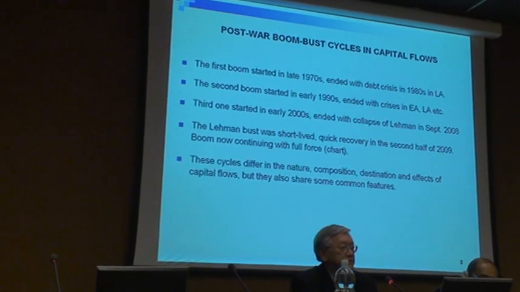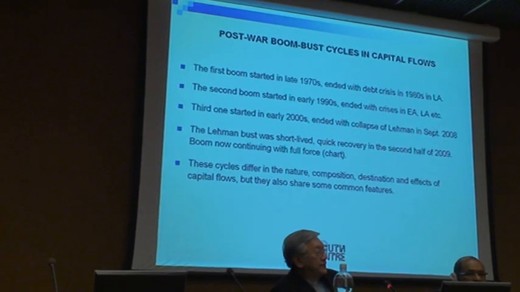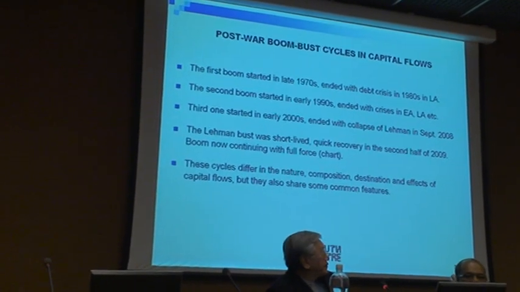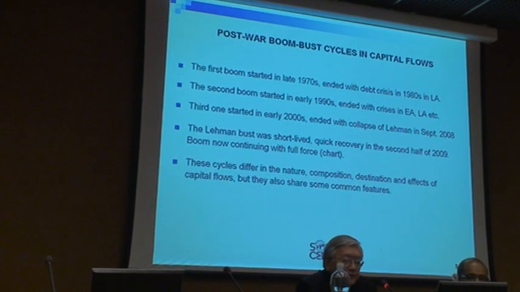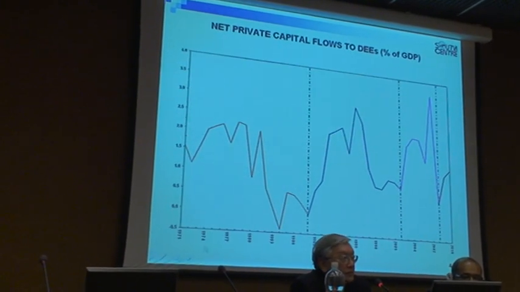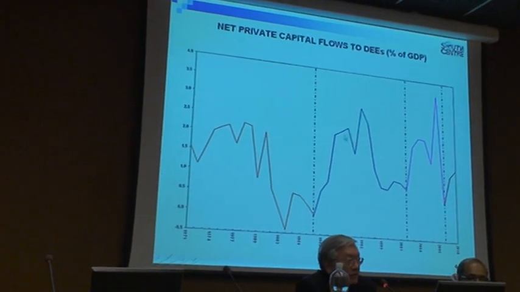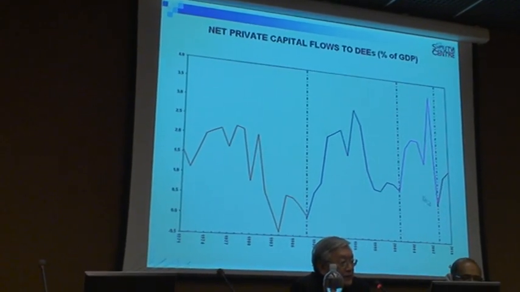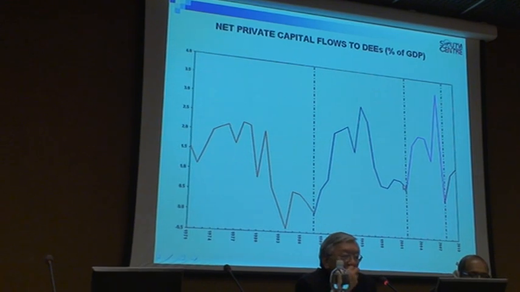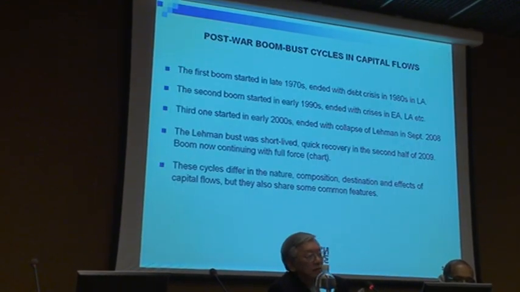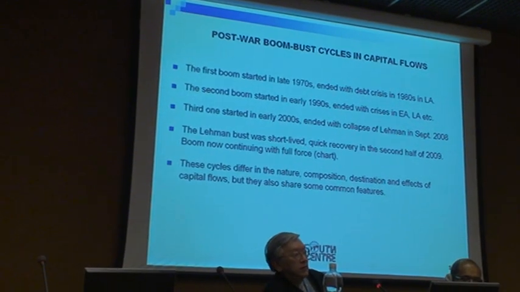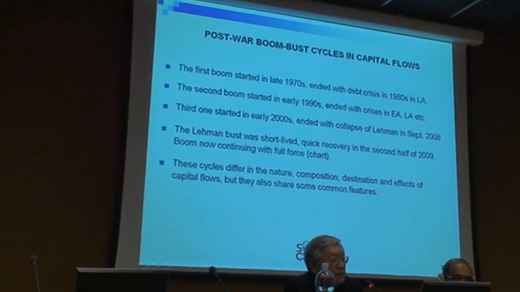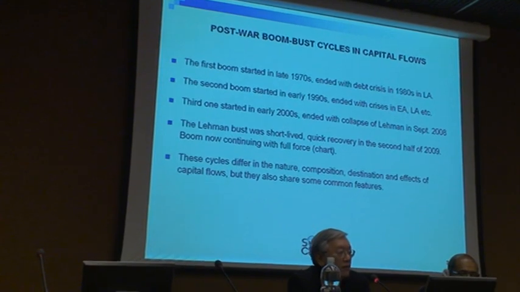The second boom started in the early 1990s and ended with the crisis in Asia and many other countries. The third boom in private capital flows to developing countries started in the early 2000s.